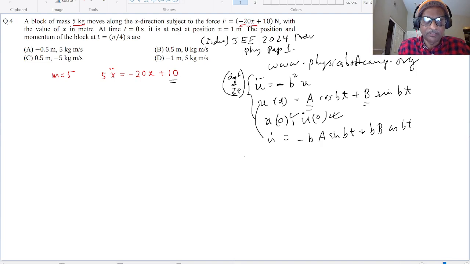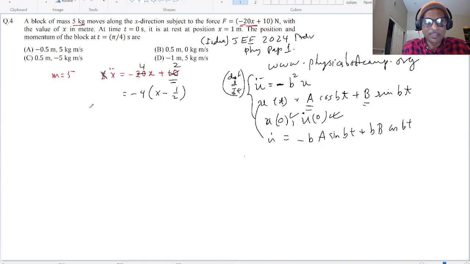Here the problem is it's not like that. There's a 10 here. So I'm going to do a couple of simple manipulations. This 5 is bothering me, so I'm going to divide by 5. That's going to be 4, and this is going to be 2. And then we already know that this is the displacement. If I put minus 4 out, then x minus half appears immediately.